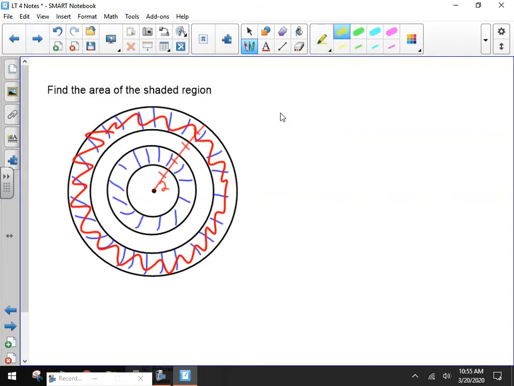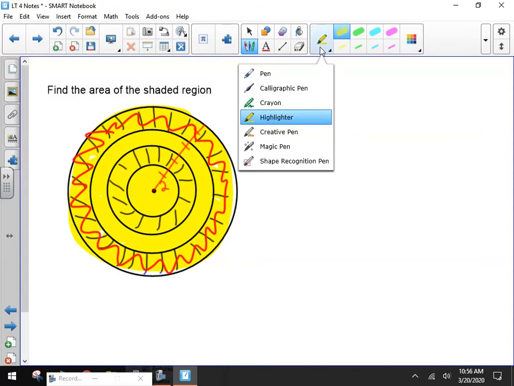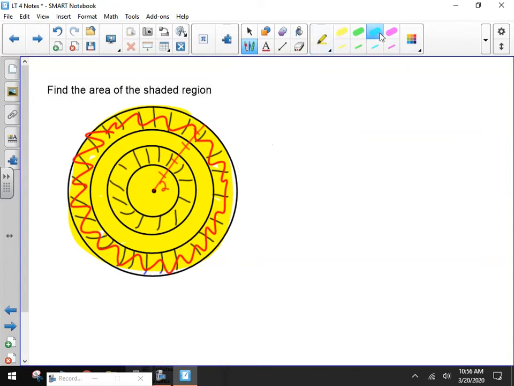It's all that circle minus this part right here, all of the insides.